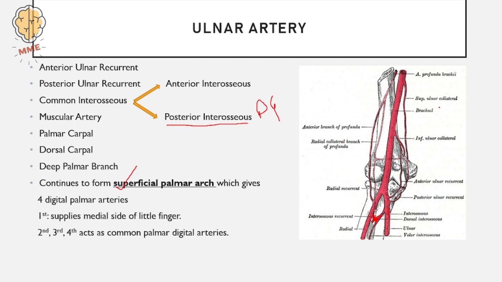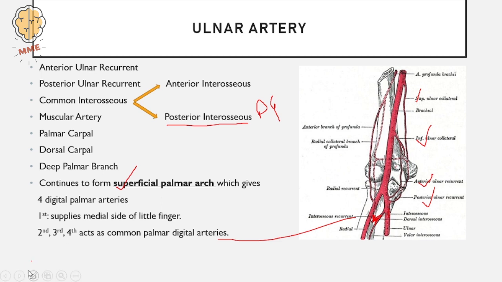So in the brachial artery we have to know about, this is the superior and this is the inferior ulnar collateral from the brachial artery, and this is the anterior ulnar recurrent and posterior ulnar recurrent from the ulnar artery. Okay, and now the superficial palmar arch will give 4 digital palmar arteries.